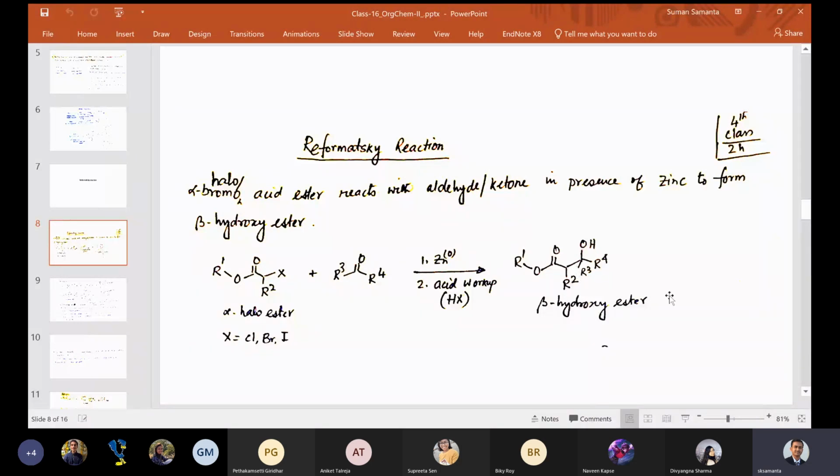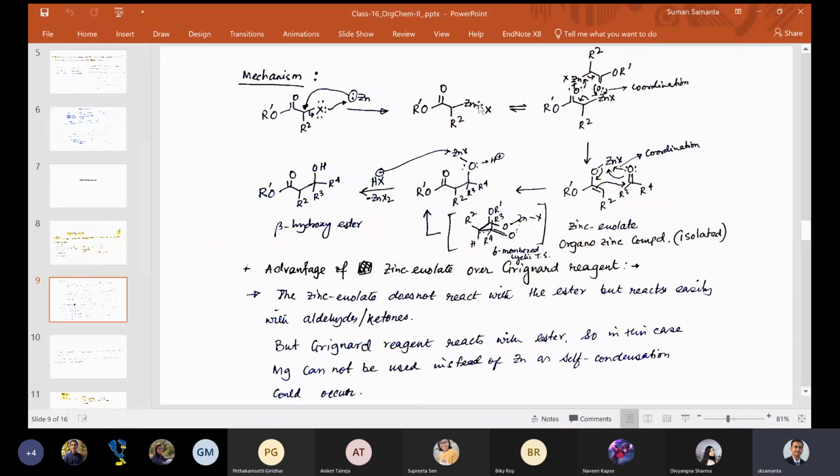What is the mechanism? Let's see the mechanism. The alpha halo ester, after reacting with zinc, forms an organozinc compound. Here there was a halogen atom, and this is also C double bond O, so this center is delta positive.